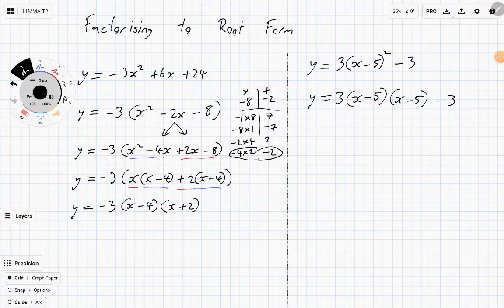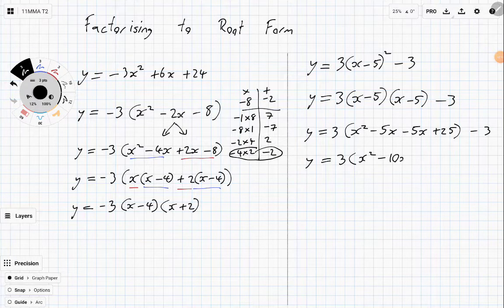Expand the brackets, we get y is equal to 3 times x squared minus 5x minus 5x plus 25, minus 3. We then get 3 times x squared minus 10x plus 25, minus 3.